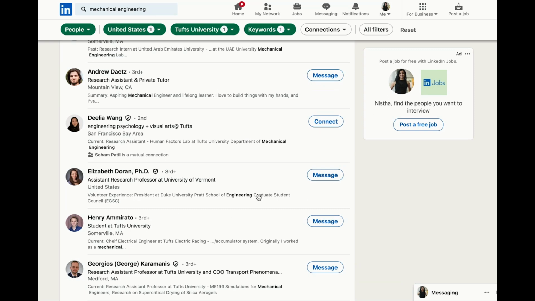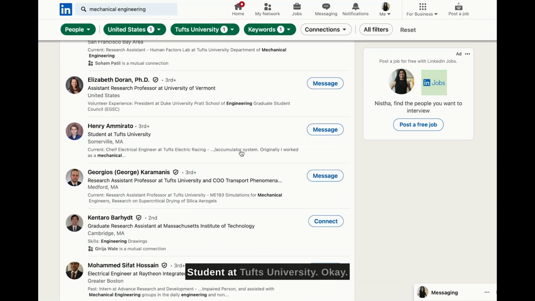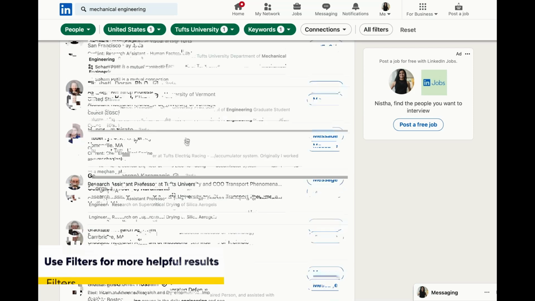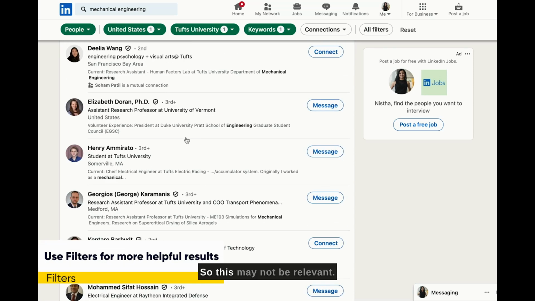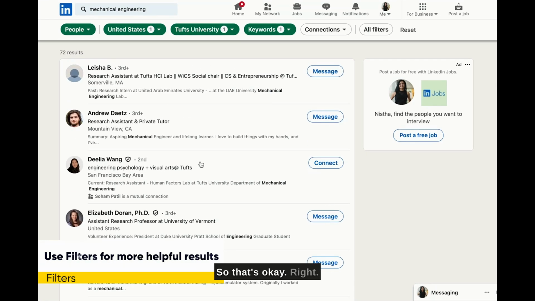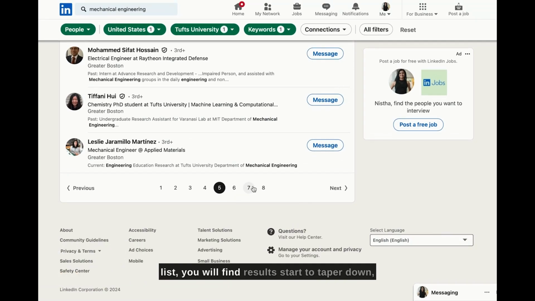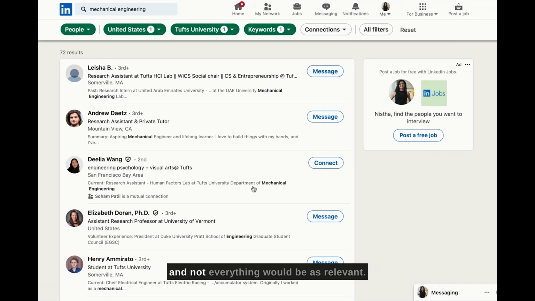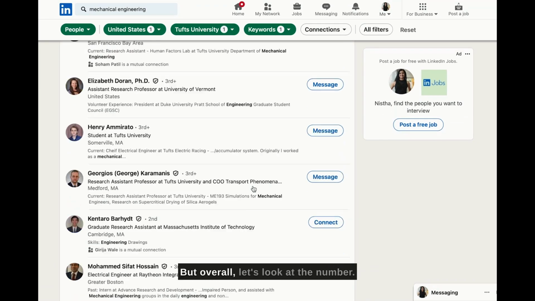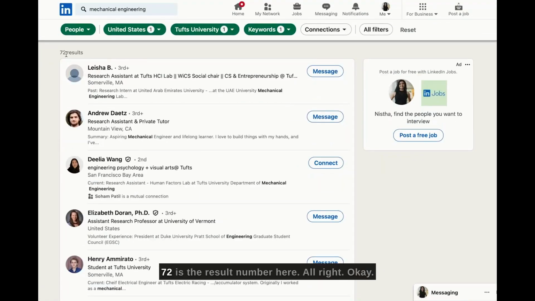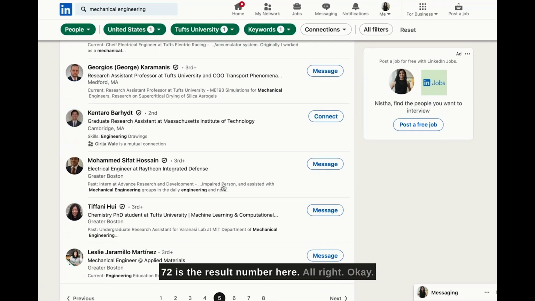Okay, this is also looking fine. Student at Tufts University. Okay, so this may not be relevant, so that's okay. Of course, as you go down the list, you will find results start to taper off and not everything would be as relevant. But overall, the number 72 is the result number here.